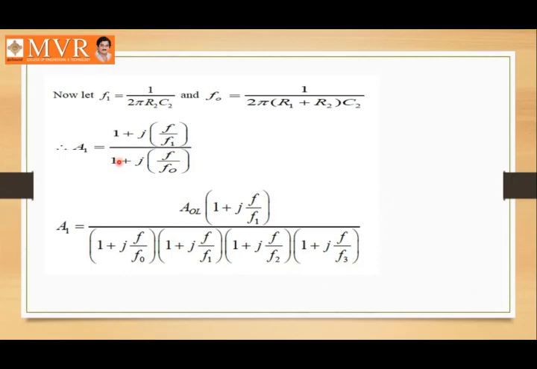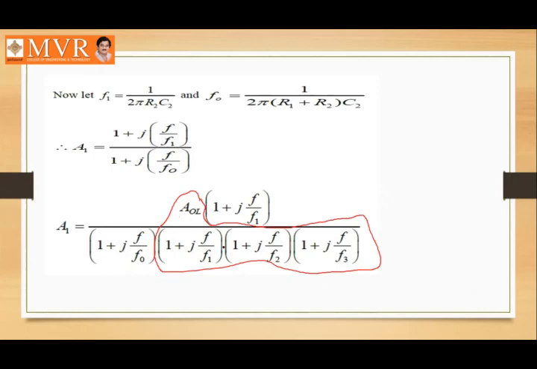When we consider this transfer function along with our op amp transfer function, the equation becomes like this. As we know, A is equal to AOL divided by (1 plus jf by F1)(1 plus jf by F2)(1 plus jf by F3). This is the actual gain equation for our operational amplifier.